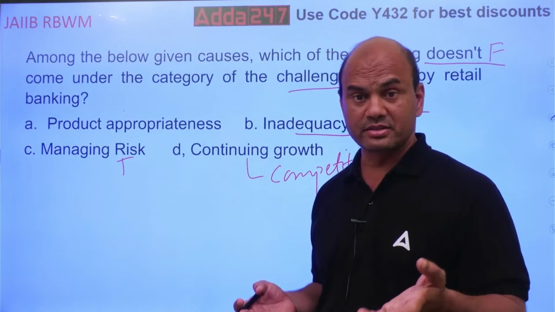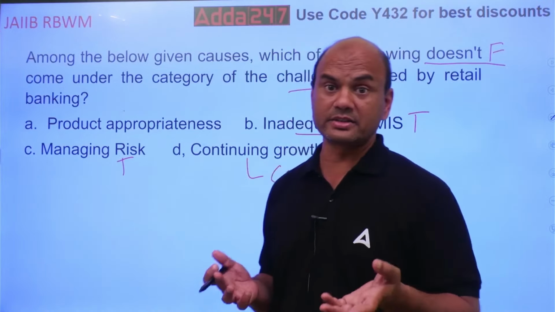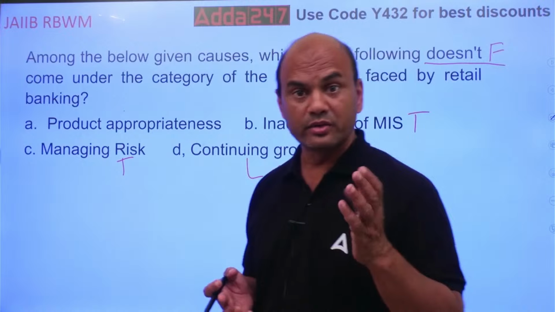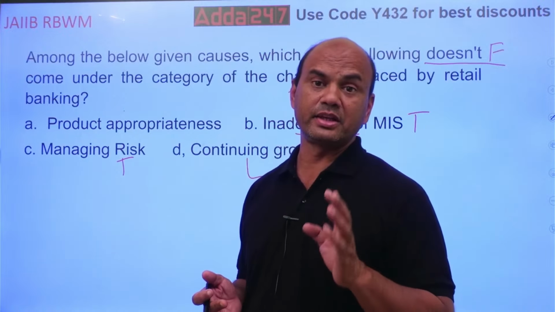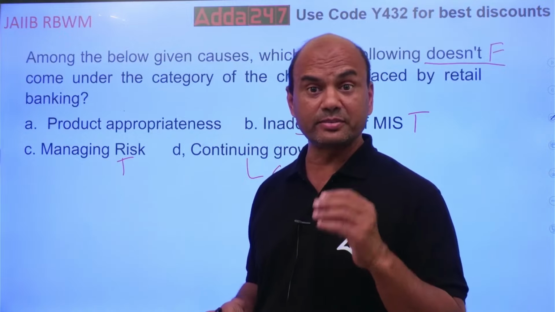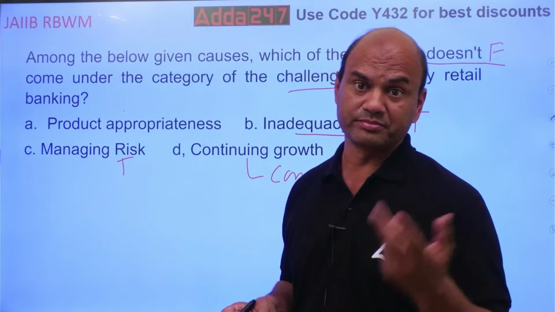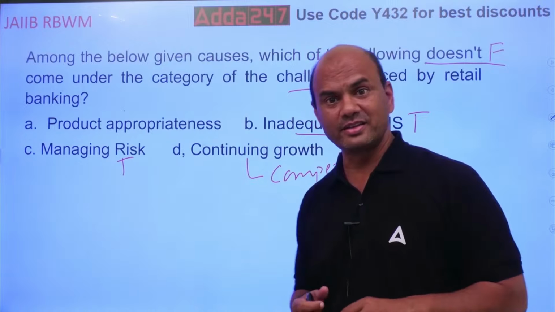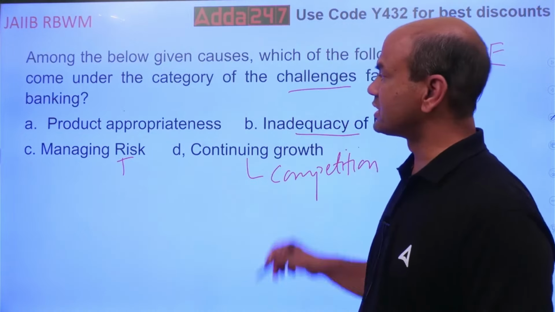Online operators and online lenders are so many. Do you know many private lenders are now giving personal loans at 7% per annum? Where are we? So continuing growth is always a problem.